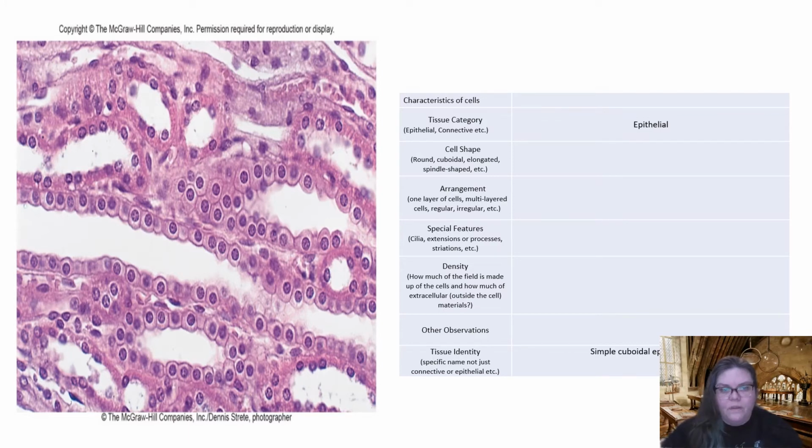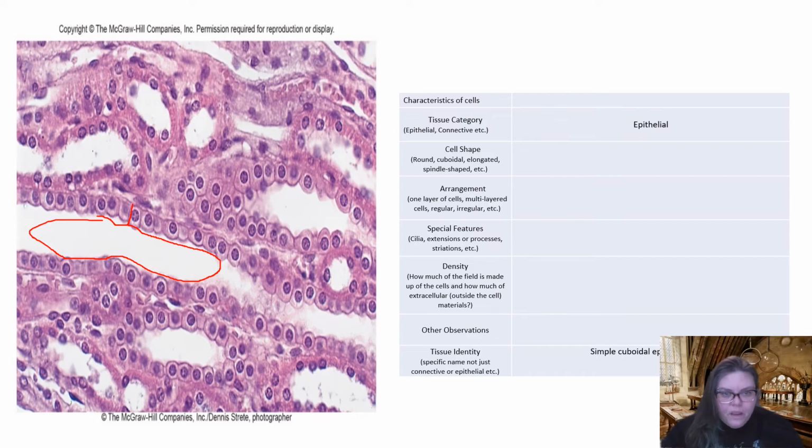So, getting a little down and dirty, what we have here is the lumen or the open space. You know it's the open space because it was not able to be stained. This cell could be green, it could be blue, it could be anything. The coloration only means that it has been stained.